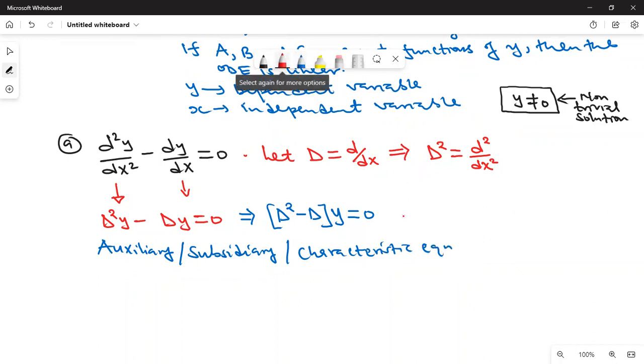To get that, you equate the coefficient of y to 0. So D squared minus D is equal to 0. If I factorize D, then D times (D minus 1) is equal to 0. We said that the non-trivial solution that we need depends on the roots of the auxiliary equation. So let's find the roots of that equation.